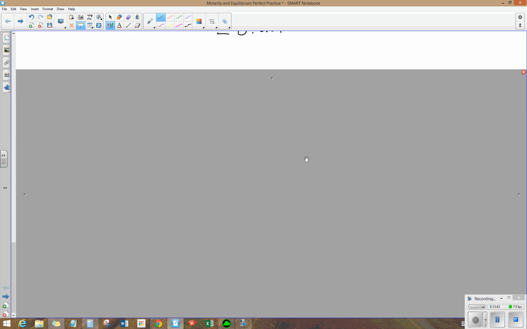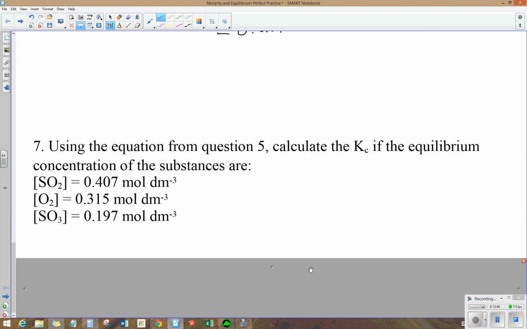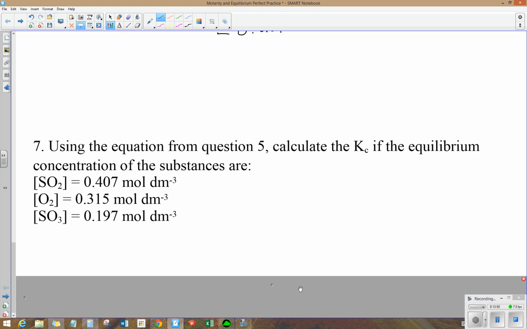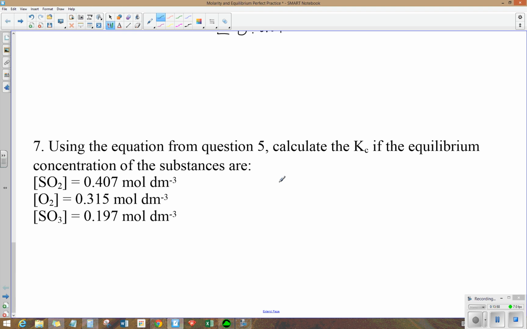And then question number 7, last question, it says, using the equation for number 5, calculate the Kc if the equilibrium concentration of the substances are. That's the way number 6 should have been worded too. So again, we're using the same equilibrium expression.